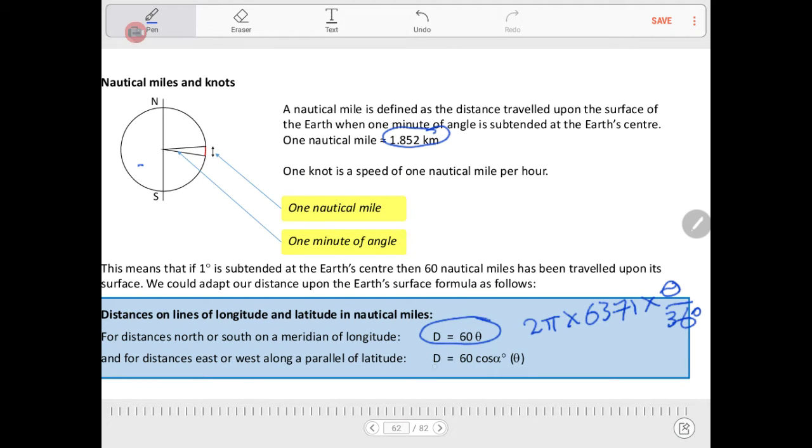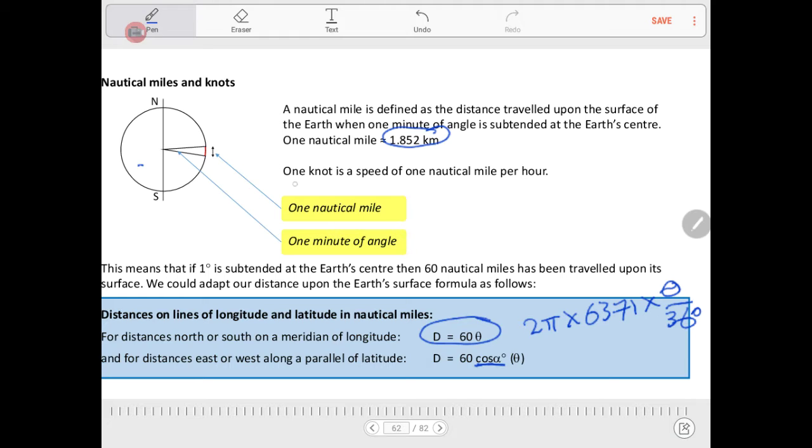Now, for travelling east-west, it's exactly the same, except we need to wedge in that cosine of alpha, where alpha is the latitude that we're travelling on, just like with the kilometres formula. So using this nautical miles formula is really quite simple compared to using the kilometres one.